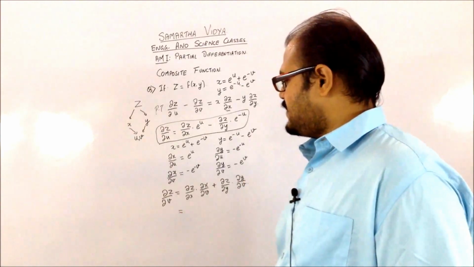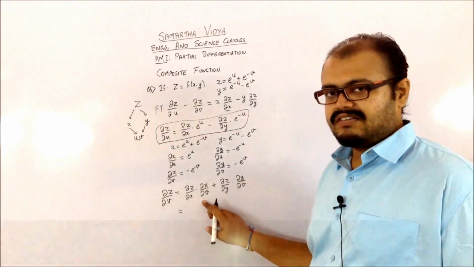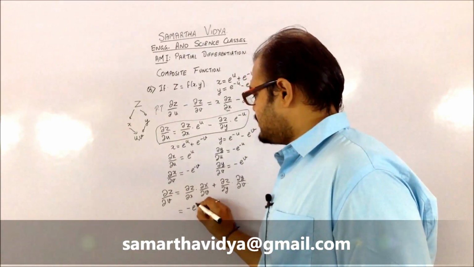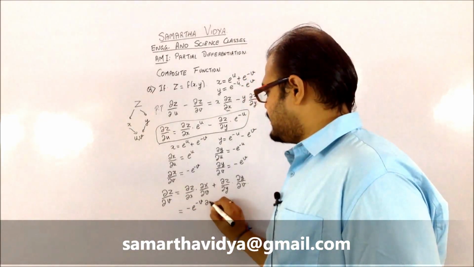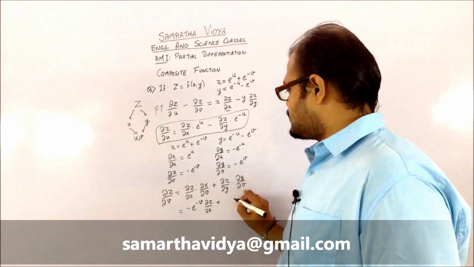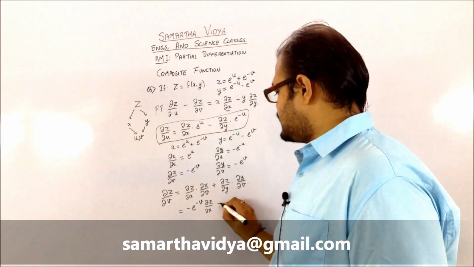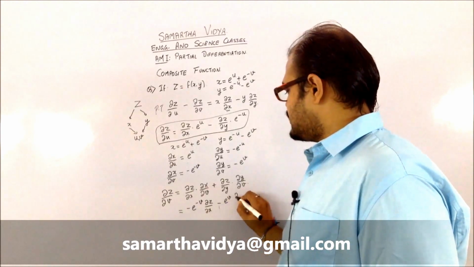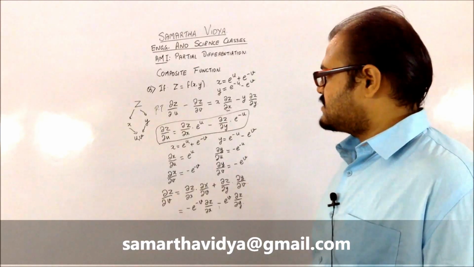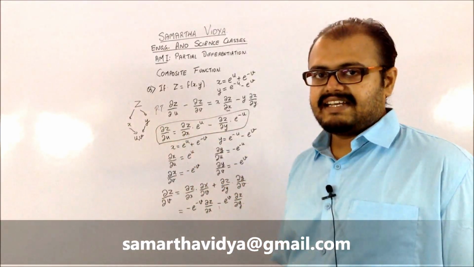Which is going to be equal to, you have already found out your del x by del v, so that's going to be minus e raised to minus v del z by del x, plus it's going to be this, so it's minus e raised to v del z by del y. Next we need to find the LHS part.